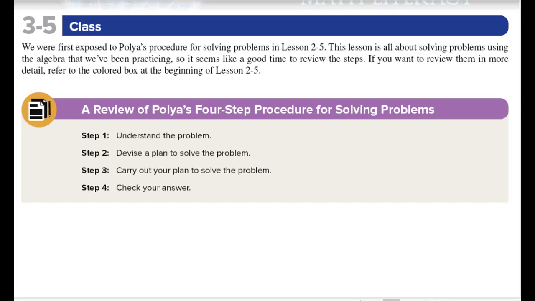And then, in addition to that, you want to identify the information that you're given. You're not going to be given the answer, but you'll be given things that you can use to calculate the answer. Sometimes there'll be intermediate steps where you know that you need a certain number to find the answer, but you're not given that number. You're given other information that allows you to calculate that number.